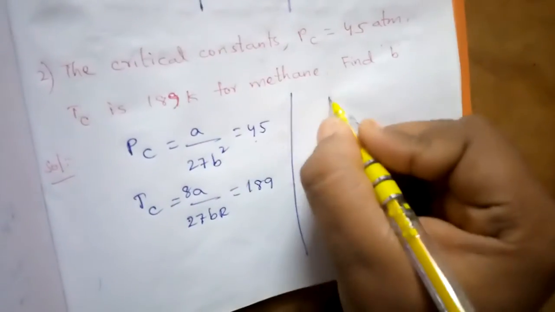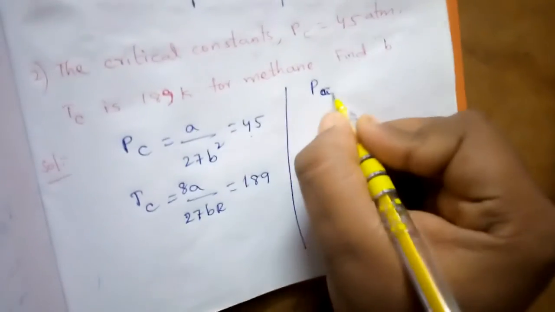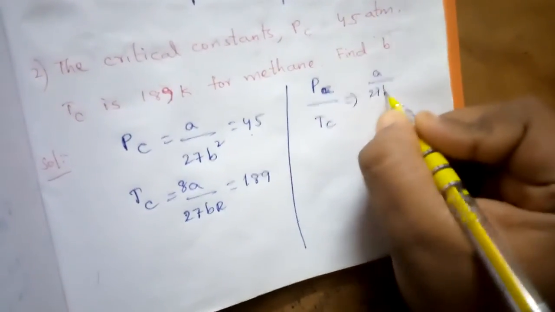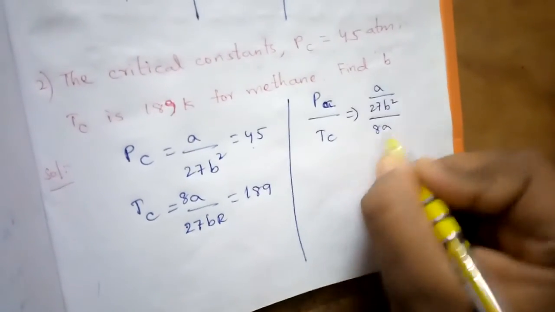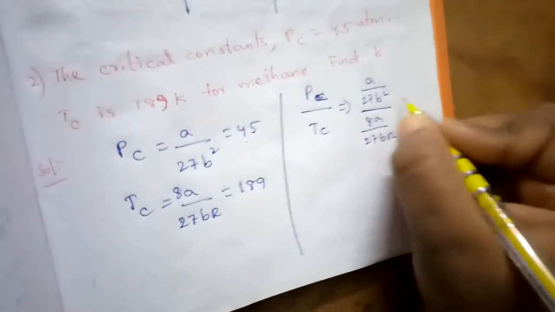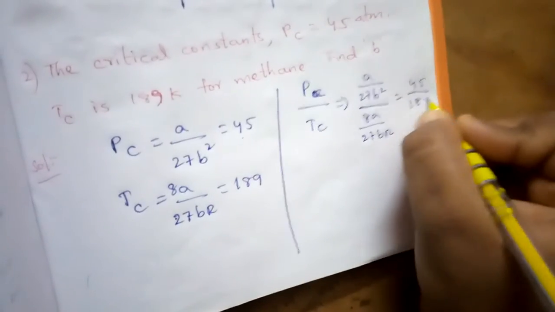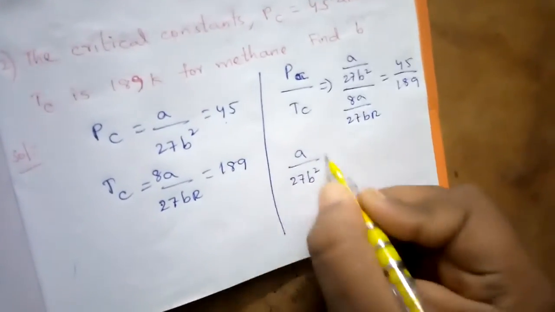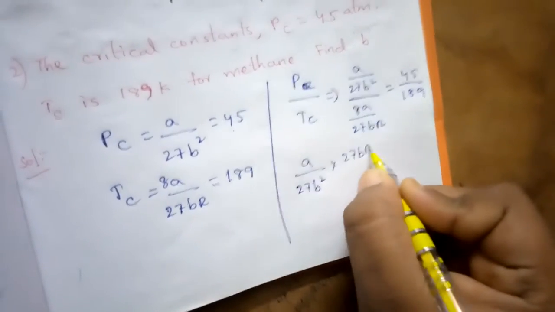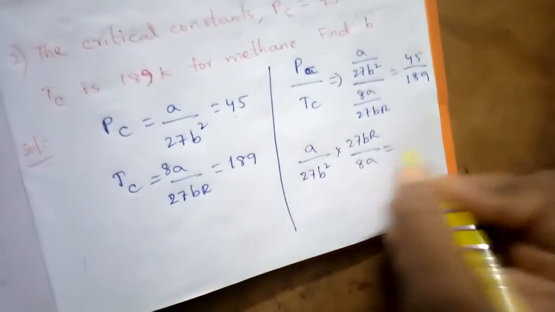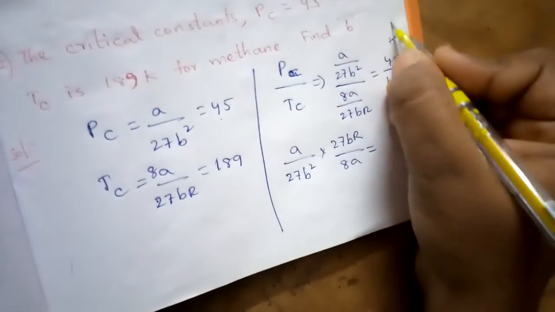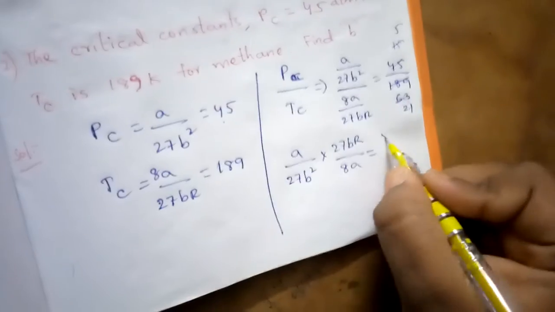Okay, so what we'll do, we'll solve PC by TC equals (a by 27b²) by (8a by 27bR) equals 45 by 189. Okay, so from this we can write: a by 27b² into 27bR by 8a equals 5 by 21.